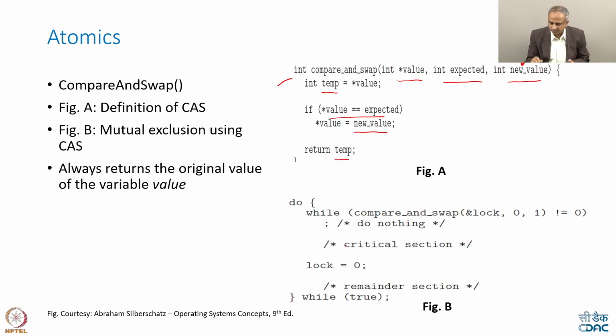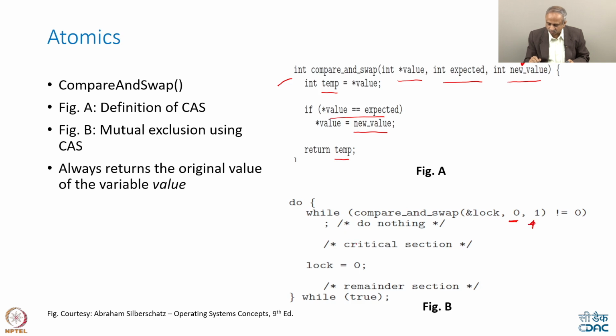Again here is an example using the same concept as before, where we have lock as the variable that we pass, and we say that if the value of the lock is expected to be 0, then replace it by 1 and return it to me.